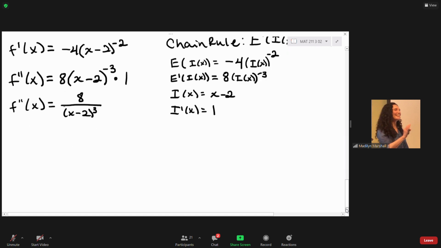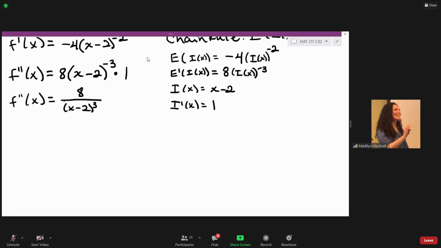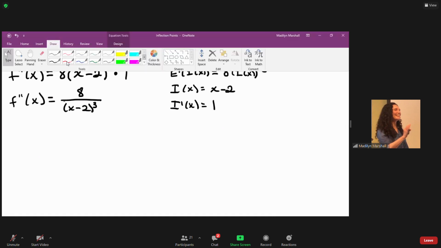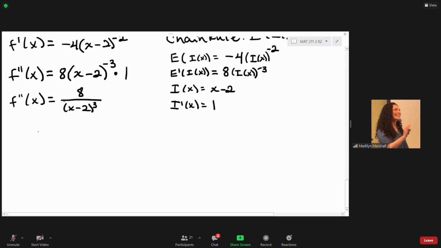So that was only a little tiny part of this actual problem that we're doing now, which is to find the inflection points. So partition numbers are what we're looking for.